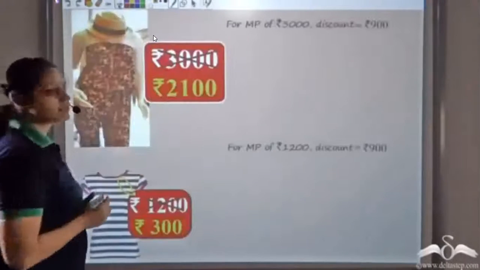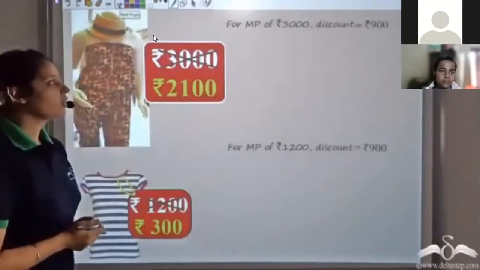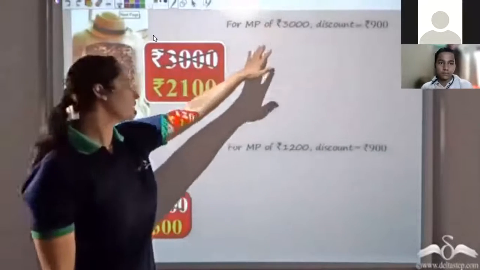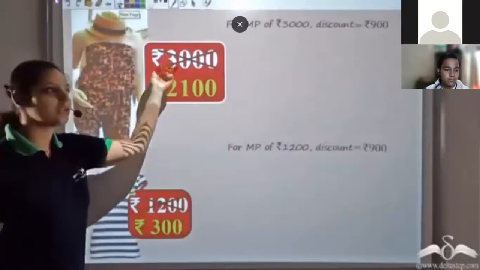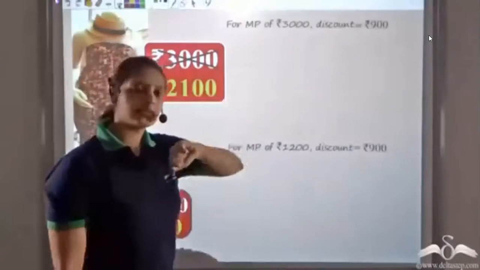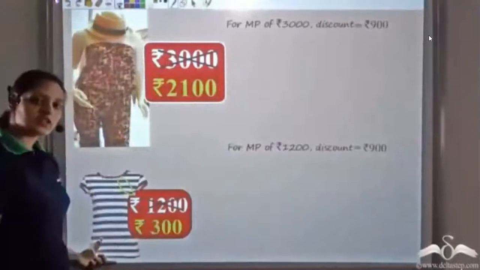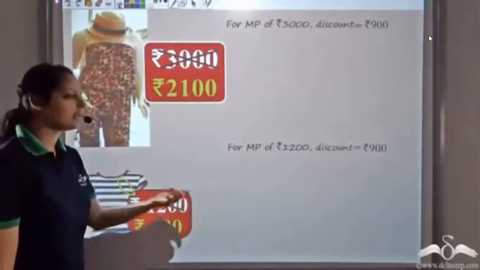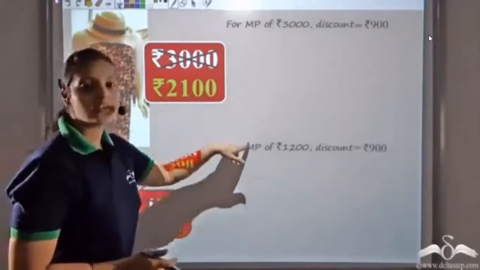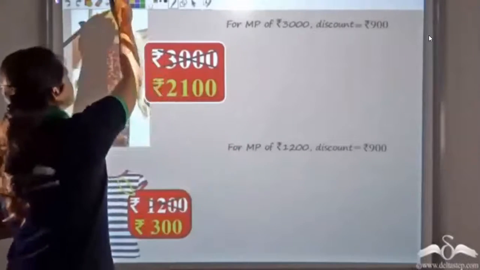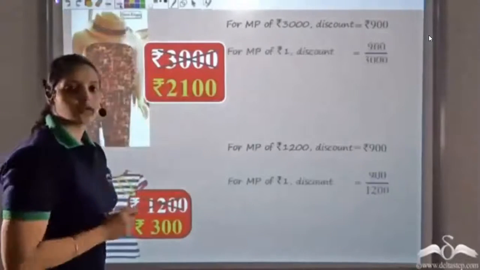And this is what he observes. For a marked price of 3,000, this dress was marked at a price of 3,000, he gave a discount of 900. Similarly, for this t-shirt which was marked at 1,200, he again gave a discount of 900, the same discount. So he tries to find the discount for 1 rupee.